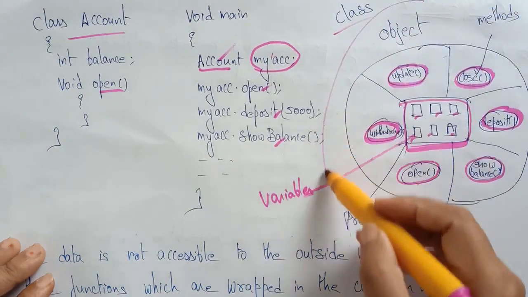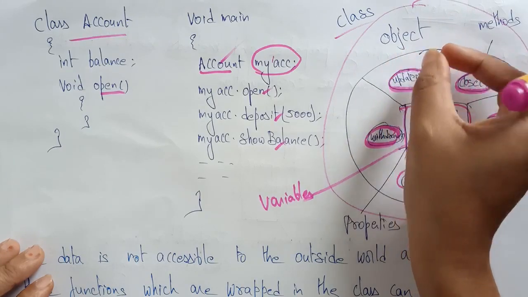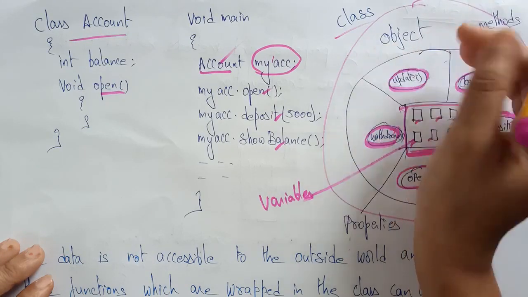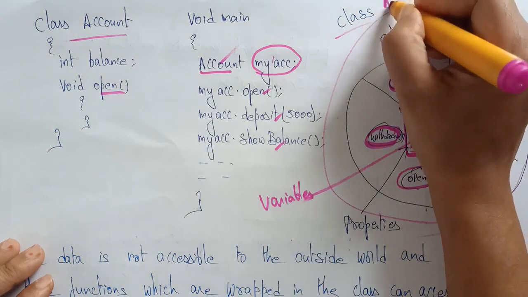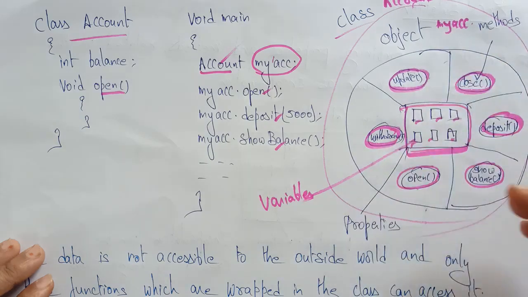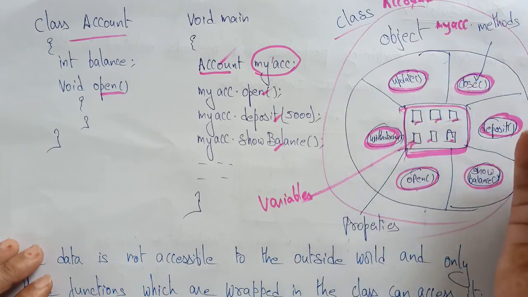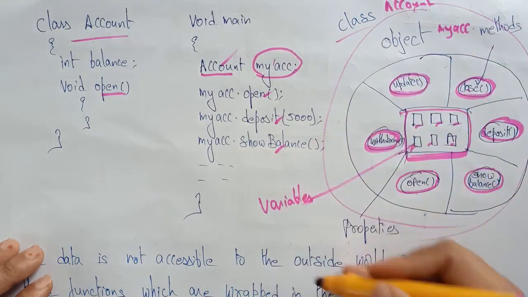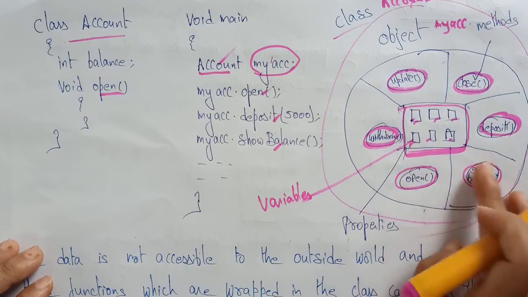So the complete structure is a class, and the class creates an object like myAccount. myAccount can update, withdraw money, open, show balance, deposit, and close. These are all the functions performed on the object with the help of these variables.